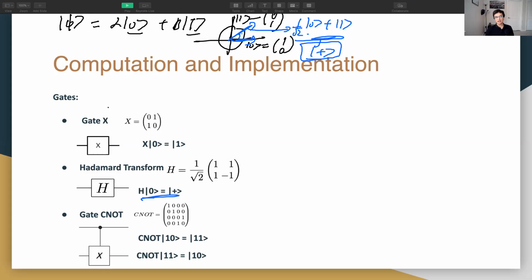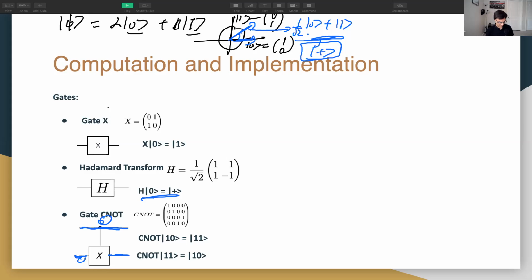The third one is the CNOT or the controlled NOT gate. I believe it is one of the most important gates in quantum computing. What it does is it takes one qubit as the control input, and it changes the state of another qubit depending on the state of the first qubit. So if this qubit has the state of 0, then it will not change the state of the other qubit.